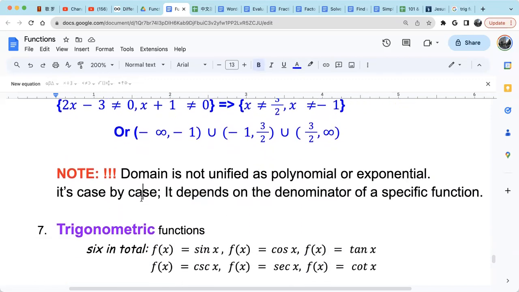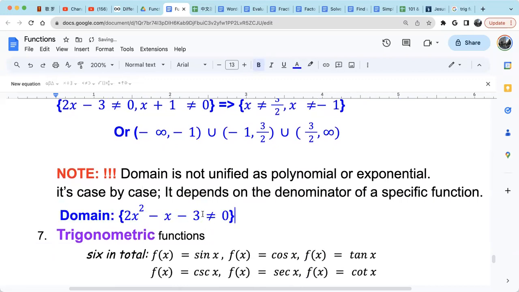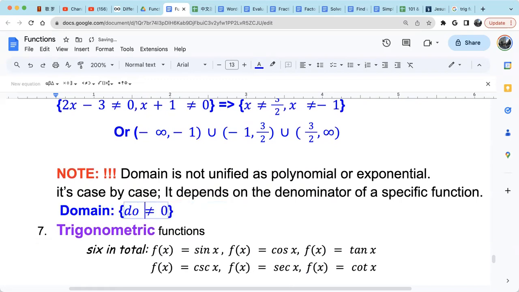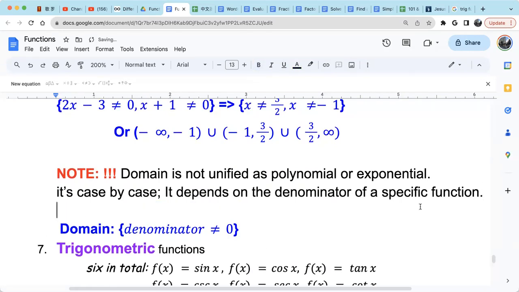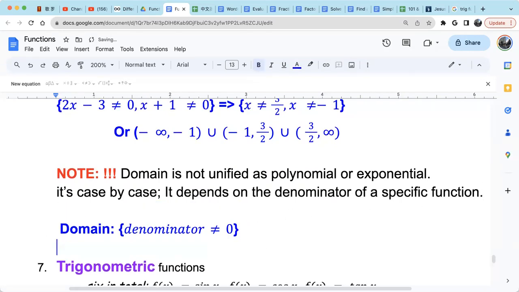So domain is the denominator not equal to 0. Whatever the denominator is, we set the denominator not to be 0. Then we solve for the x value.